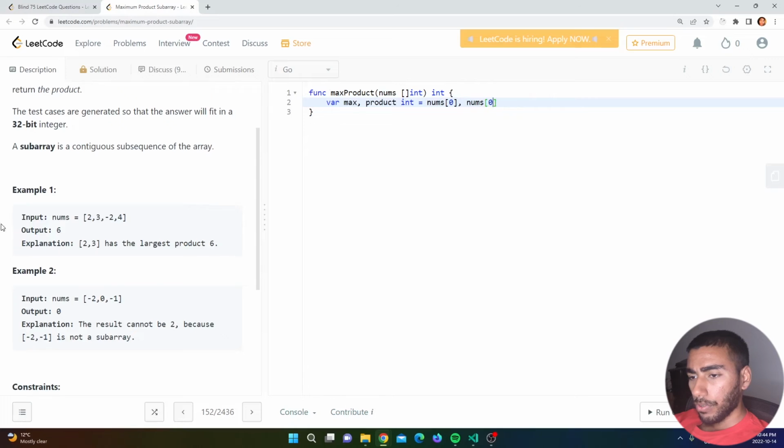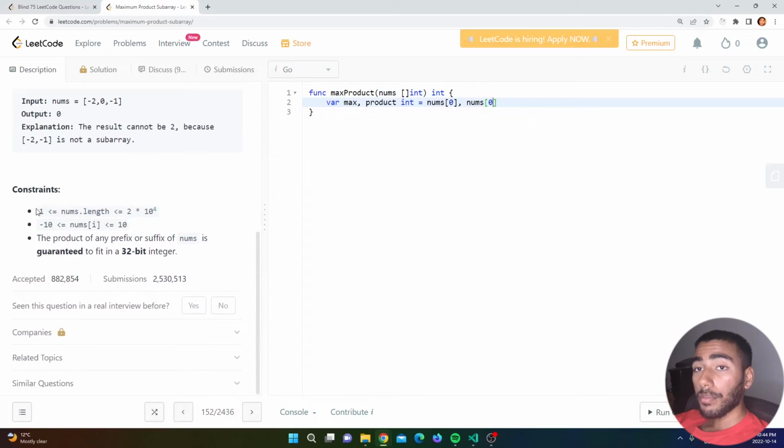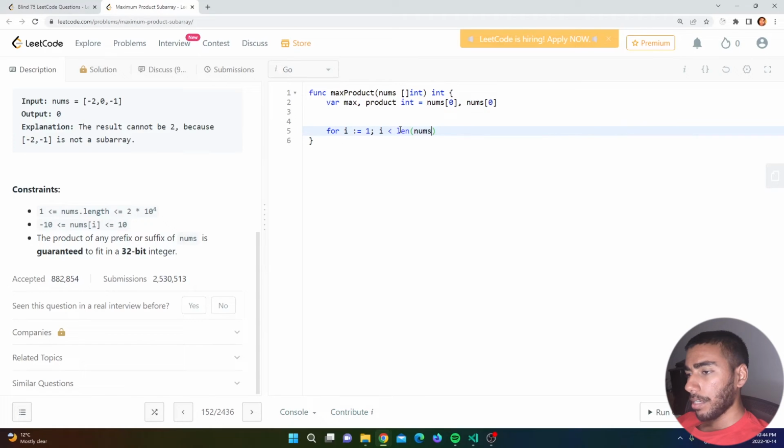I think we're guaranteed that nums is at least 1. So that's good. So now all we have to do is iterate over it, but we will start at 1. We won't start at 0 because we already got the 0 value here. So i is less than length of nums and then i plus plus over here.